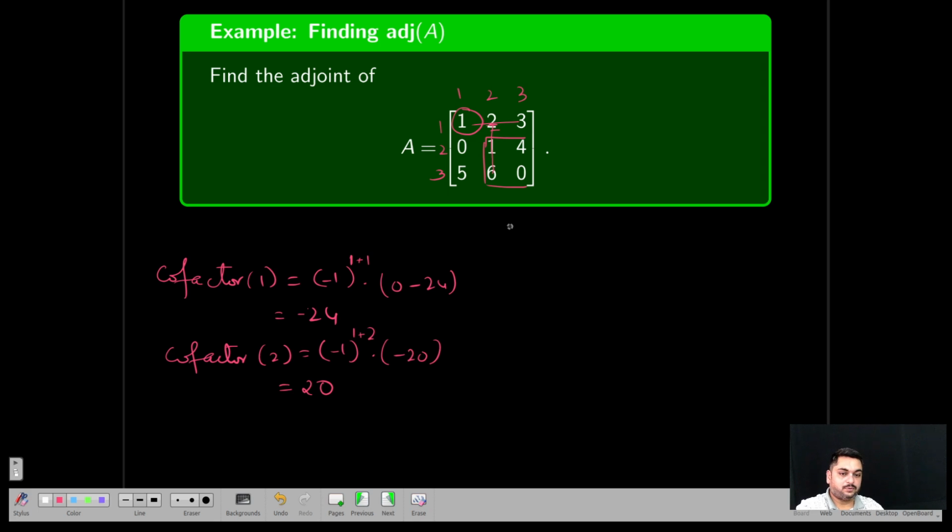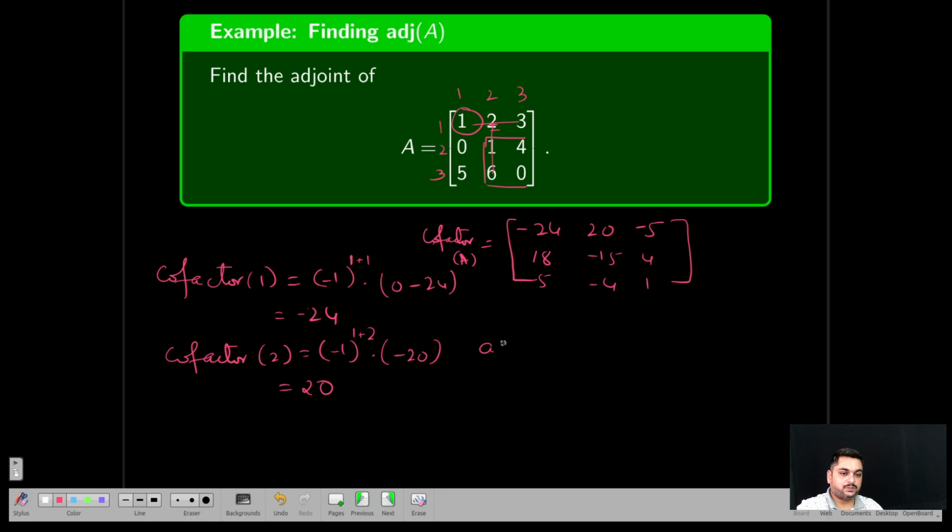So this is how you find the cofactor. The rest of the elements you can find like this. I will give the answer here. So the cofactor matrix of A will be minus 24, 20, minus 5, 18, minus 15, 4, 5, minus 4, 1.